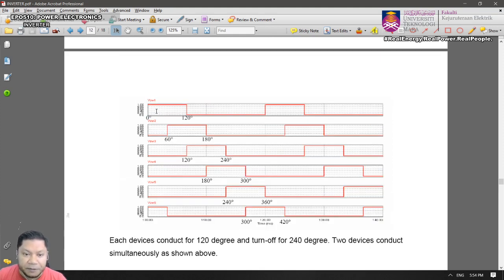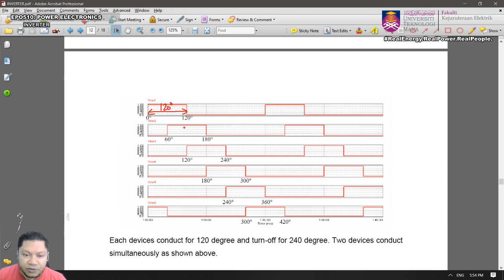So you have switch 1. That's why the labeling of the switches is very, very important. So you have this arrangement S1, S2, S3, S4, S5, S6. This actually refers to the switching location. So switch 1 will be receiving 0 to 120 degrees, and therefore the duration of the pulse conduction will be 120 degrees, right?